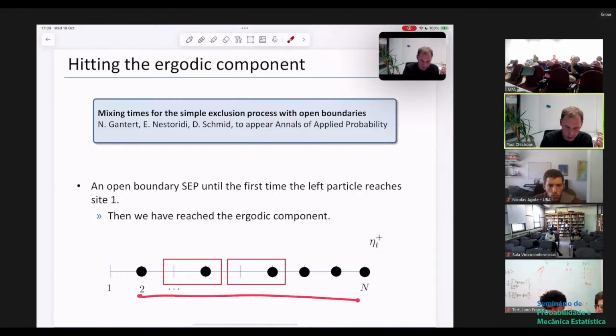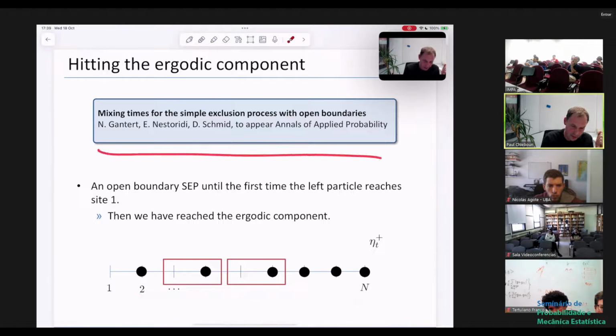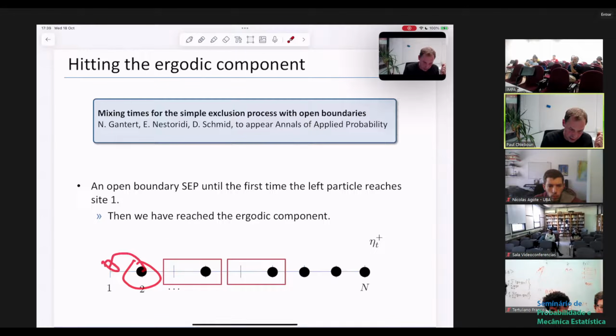So now we've compared with an open boundary exclusion process, and used previous results to bound how long it takes to move this leftmost particle as far as it needs to go so that we've hit the ergodic component.